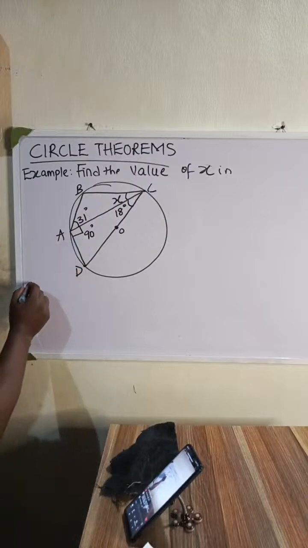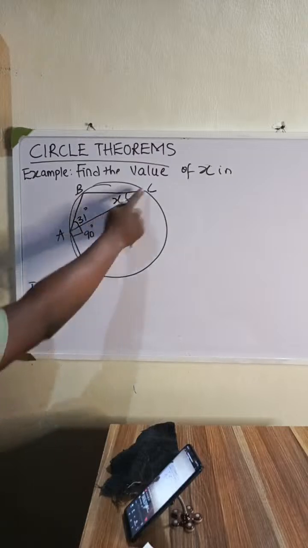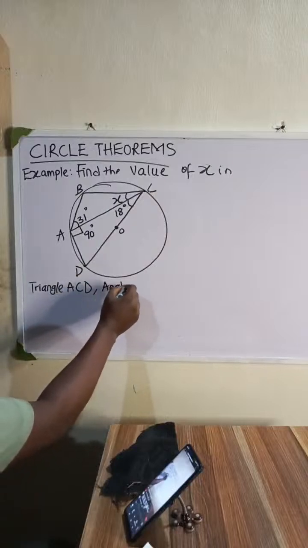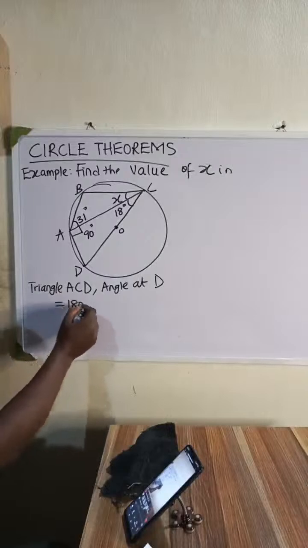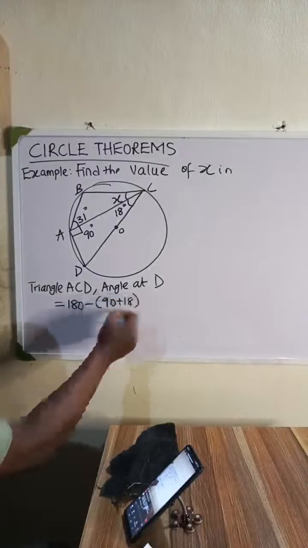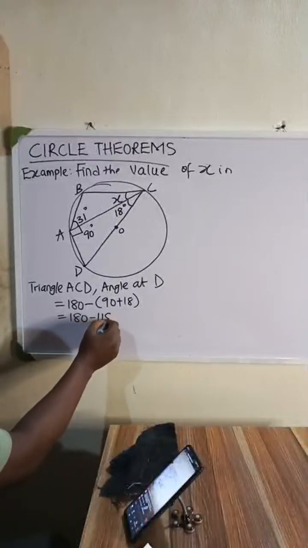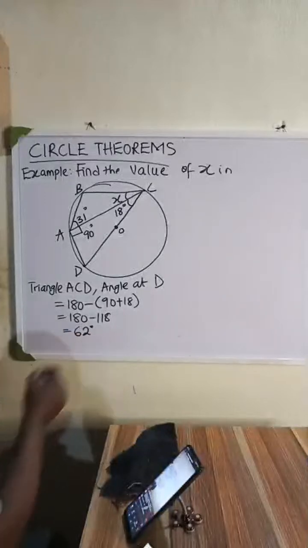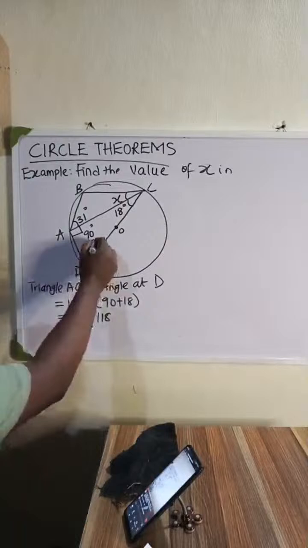If we consider triangle ACD, the angle at D will be equal to 180 minus 90 plus 18, which is 180 minus 118, 62 degrees, I guess. So this angle here is 62 degrees.